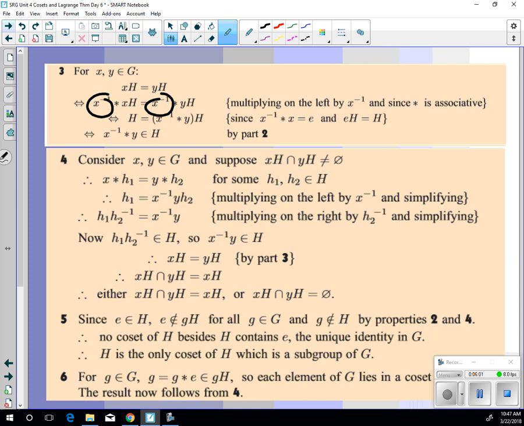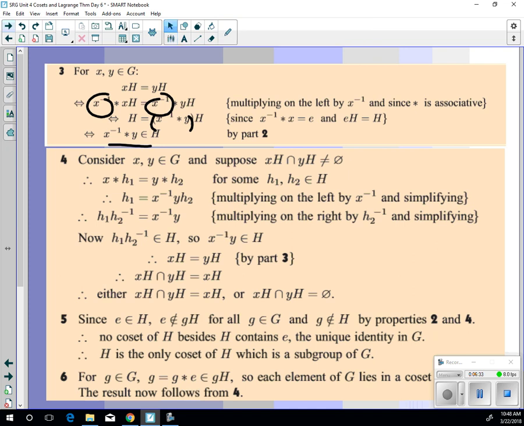On the left side, when you have x inverse star x, you know that it equals e, and eH is going to be H because anything times an identity is itself. On the right side, you can separate the x inverse star y from H because it's associative since it's a group. And then as we saw from theorem 2, since x inverse star y times H equals H, x inverse star y has to be an element of H.